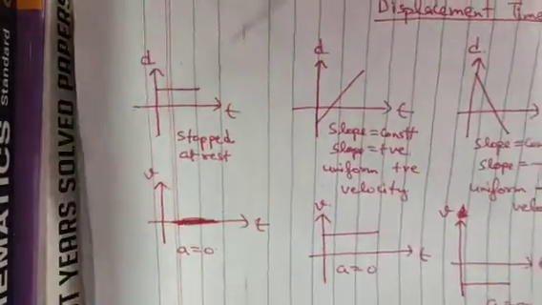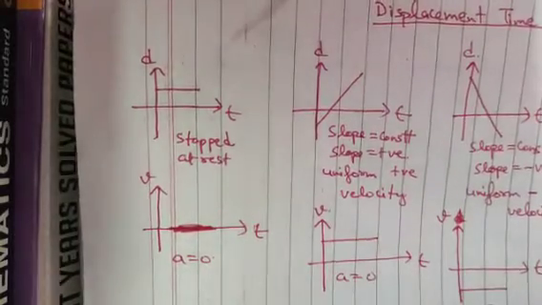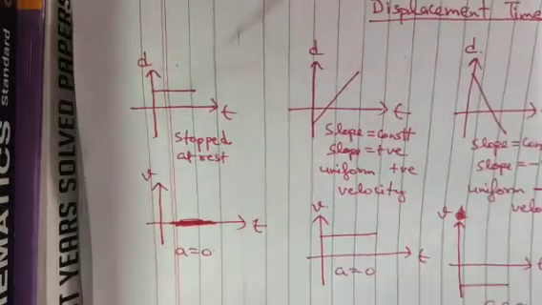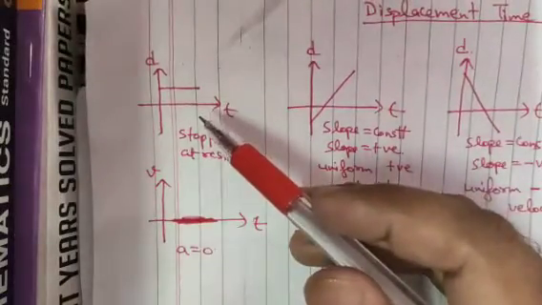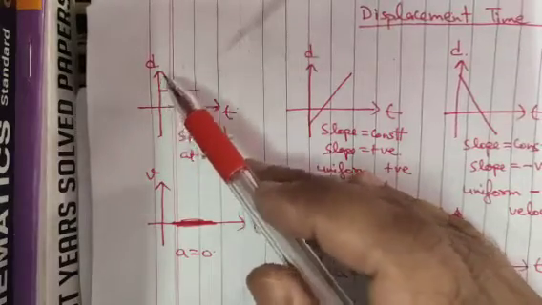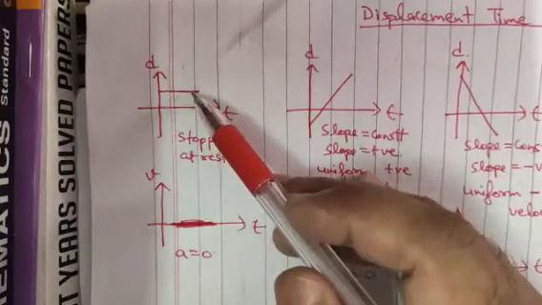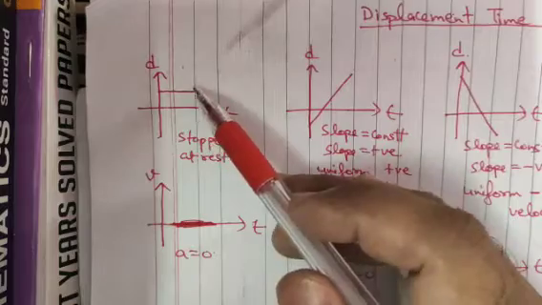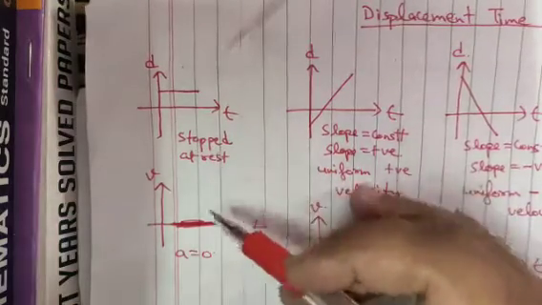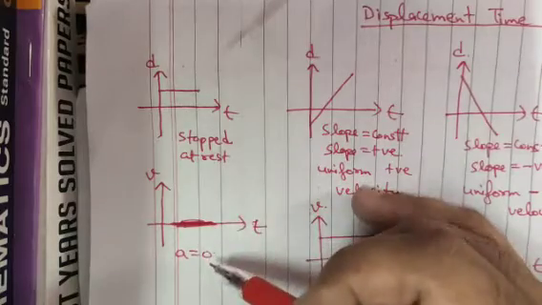Now here the different displacement time graphs I have drawn and their corresponding velocity time graphs. You can see here that the first graph, when the displacement is constant, means when the body is at rest, there is no change in displacement with time, then what will be the velocity time graph?